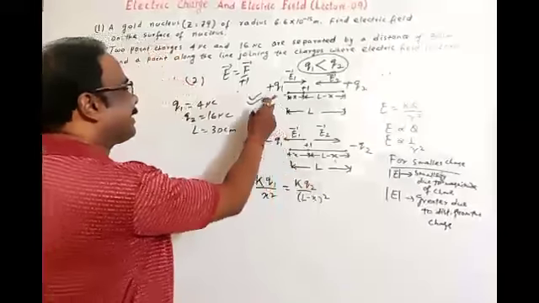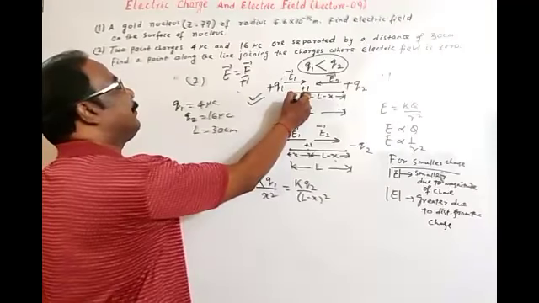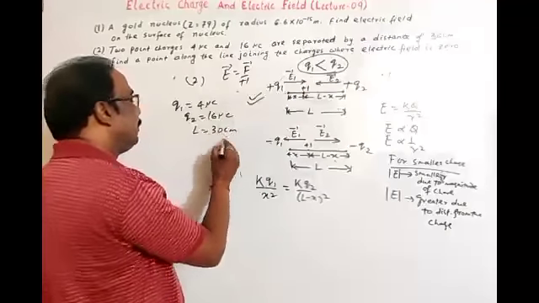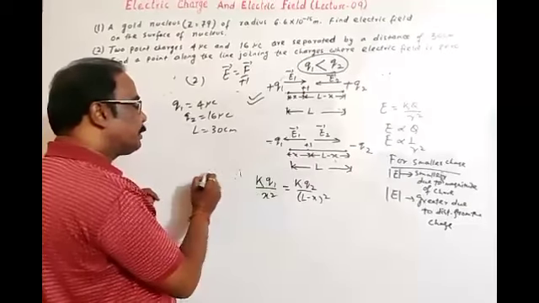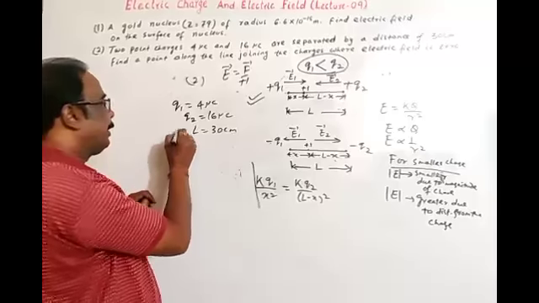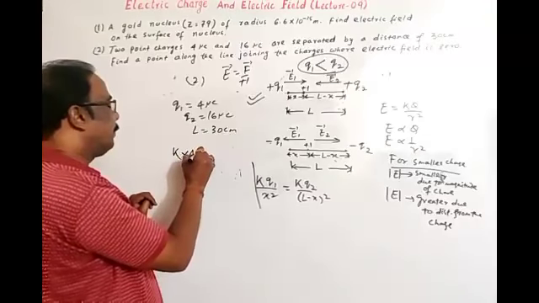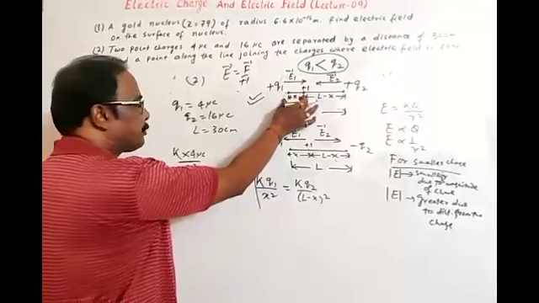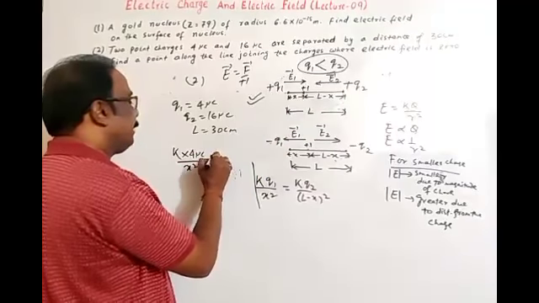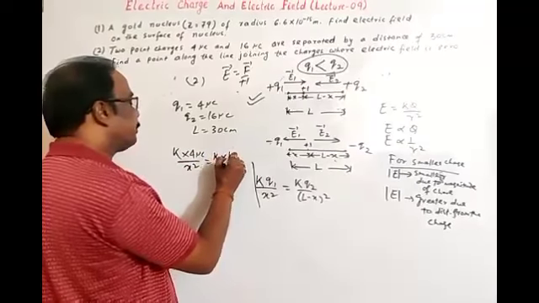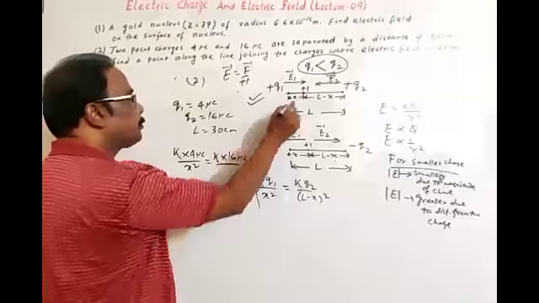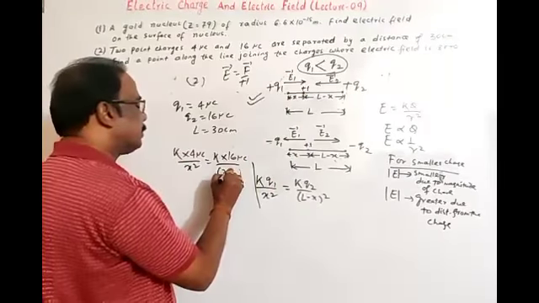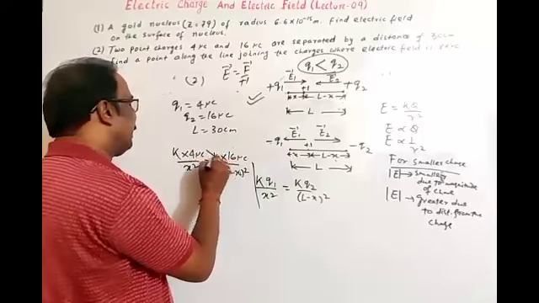Okay, let the resultant electric field be 0 at a distance x from Q1. Then as per this principle, Q1, 4 microcoulomb, divided by square of distance x, is equal to Q2, 16 microcoulomb, divided by square of distance from Q2, which is L minus x, where L is 30 centimeter, minus x whole square.